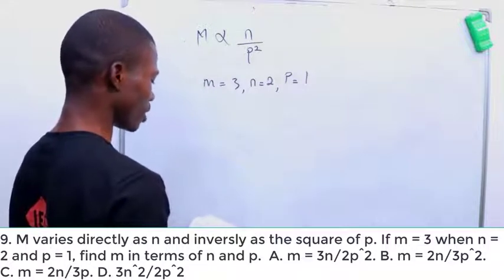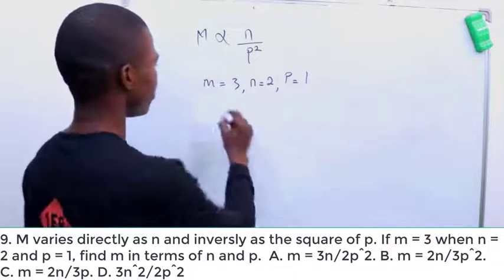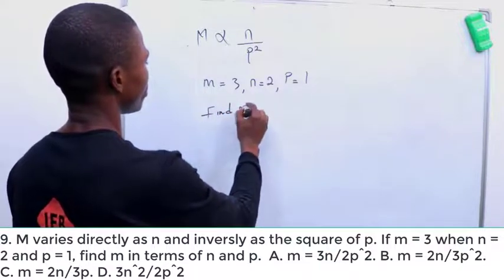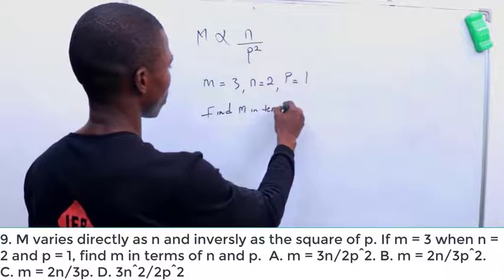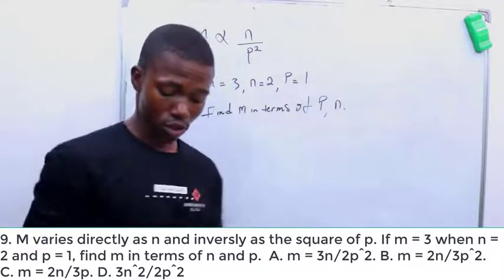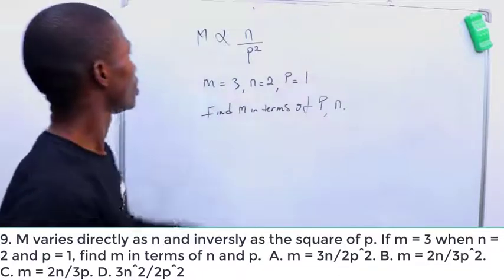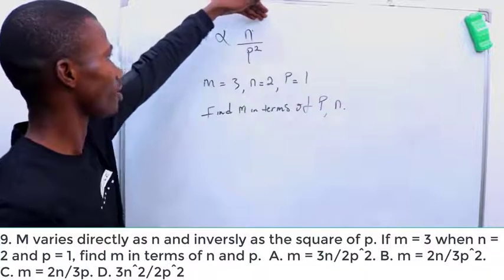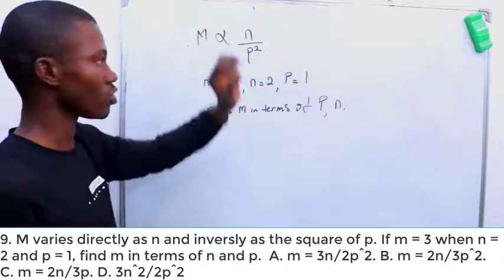Then find m in terms of p and n. So this is the question. m varies directly as n and inversely as p squared.